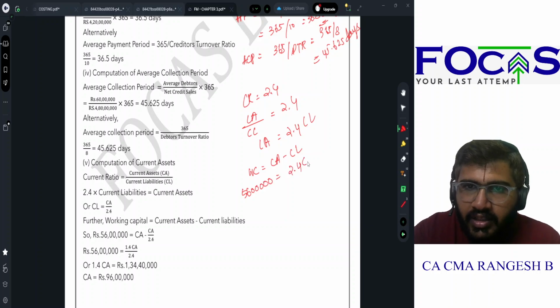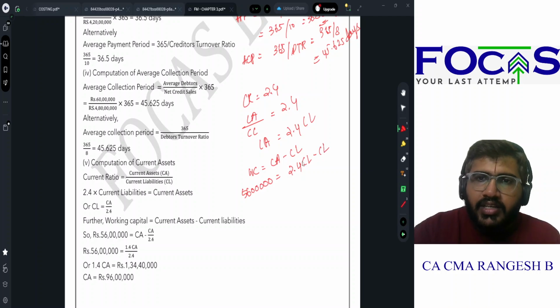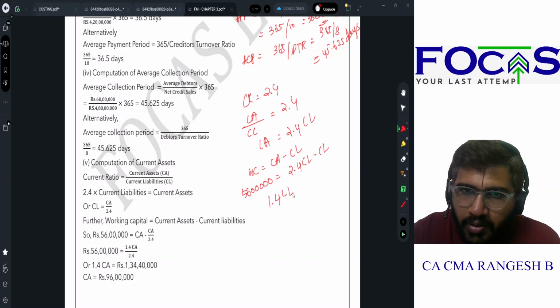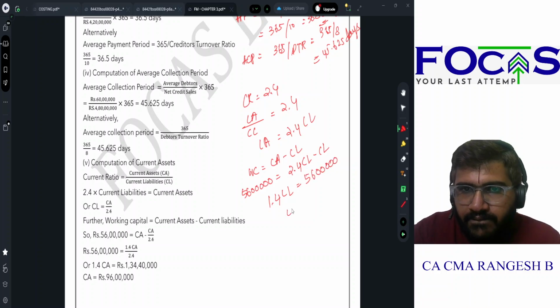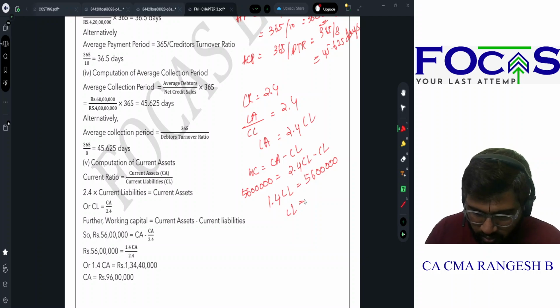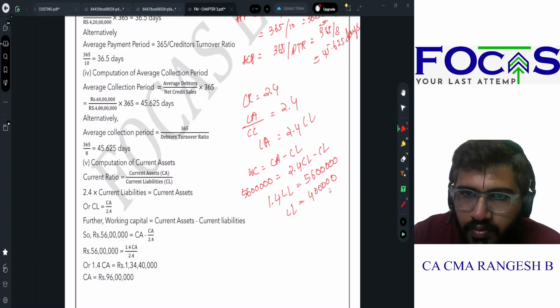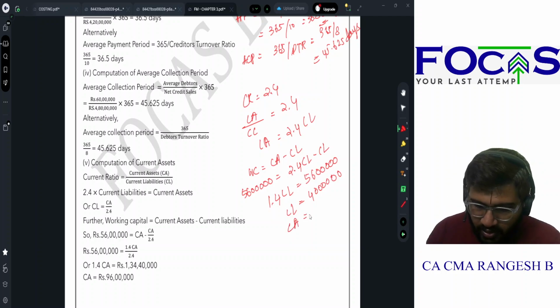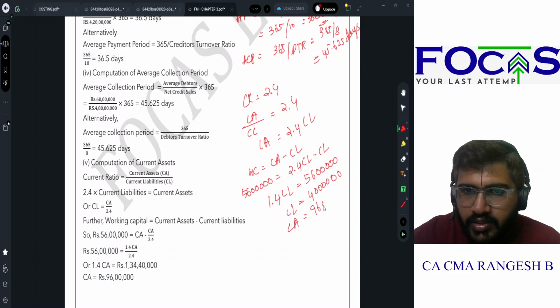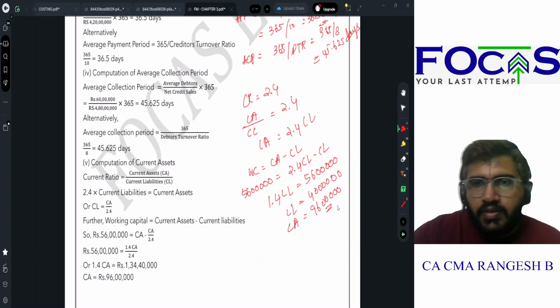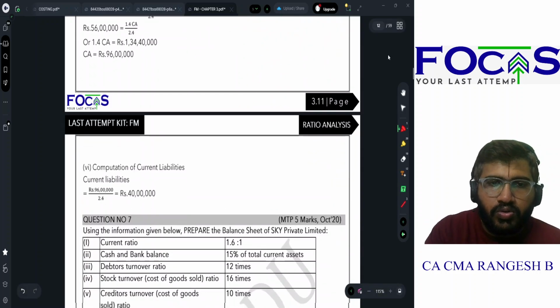Current assets is nothing but 2.4 times current liabilities minus current liabilities. 1.4 times current liabilities is equal to 56 lakhs. Current liabilities is equal to 56 lakhs divided by 1.4, which will give me 40 lakhs. Current assets is 40 lakhs into 2.4, which will give you 96 lakhs. With this, the sum is also over.